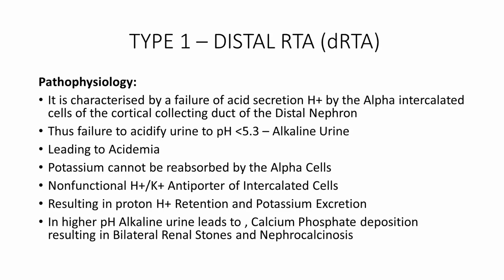Now, as a result, potassium cannot be reabsorbed by the alpha cells. Non-functioning hydrogen potassium antiporter of the intercalated cells. So, what happens is that hydrogen ion is secreted and potassium ion is reabsorbed.